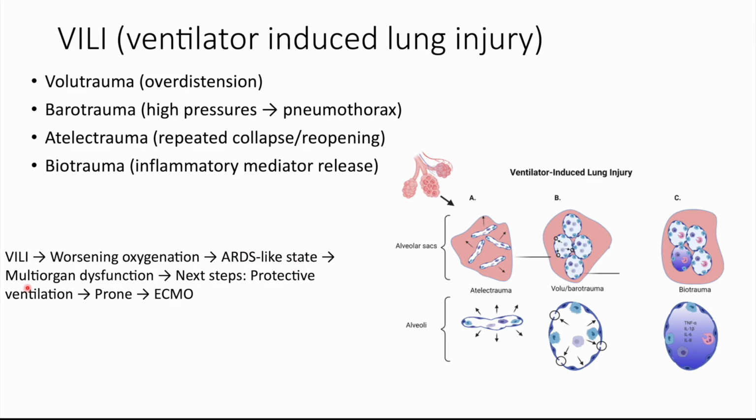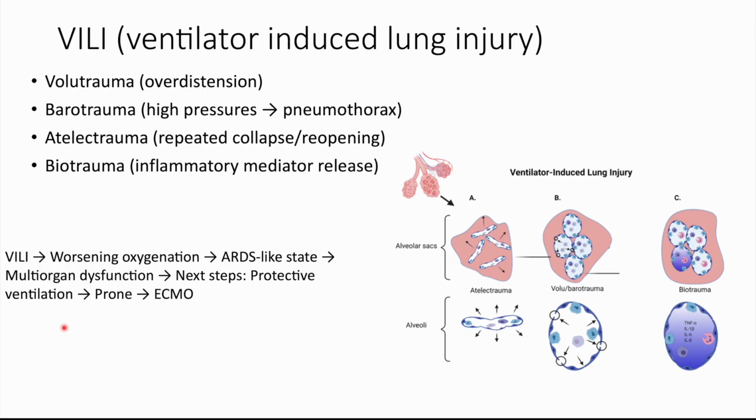The next step is protective ventilation, which means low tidal volume, keeping the plateau pressure low, and high PEEP. Then we escalate to prone ventilation. The last step is ECMO. I'll explain about that in later slides.